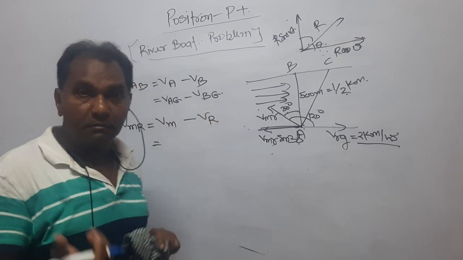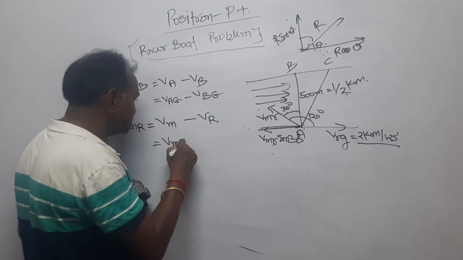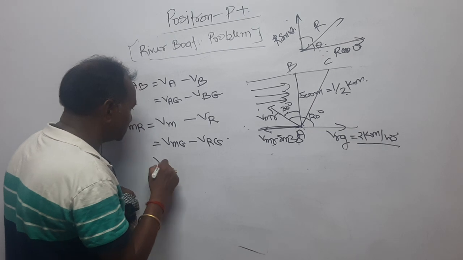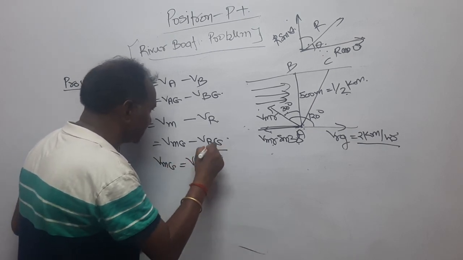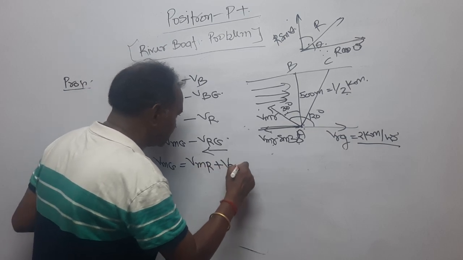Now, taking a common frame, I am supposing ground, so it becomes VMG minus VRG, or you can say VMG is equal to VMR plus VRG.